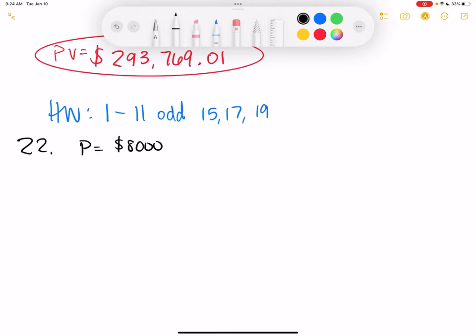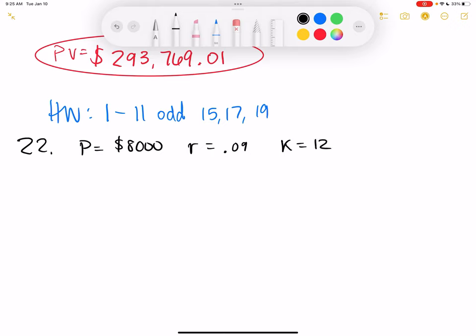There's a 9% interest rate, so R would be equal to 0.09. It's compounded monthly, so how many times is it being compounded per year? 12. So K is equal to 12.